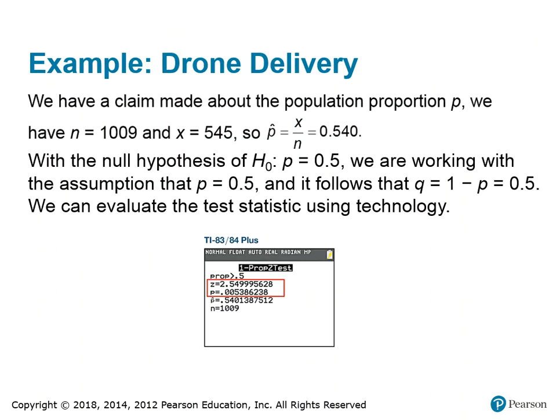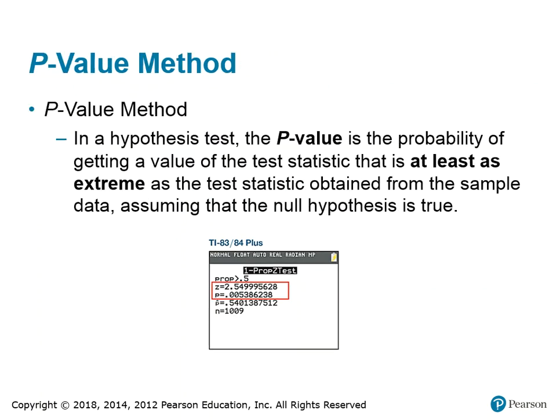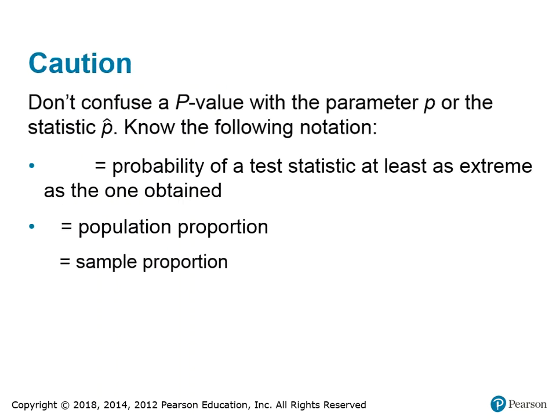When you run that test, if you're using the TI-83 or 84 calculator, here are the results. I have a test statistic of z equals 2.549 or 55, and then it also spits out my p-value. So my p-value is 0.005. When you're doing this, make sure you do not confuse your p-value with your p-hat or your parameter.